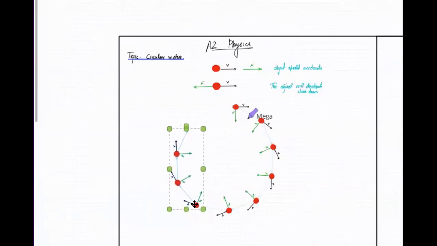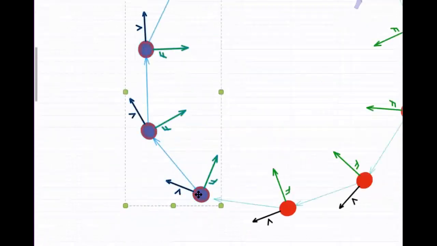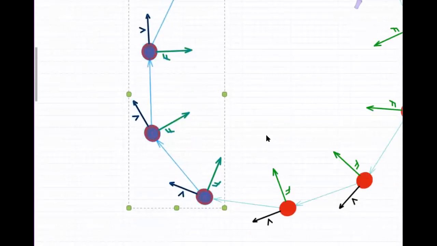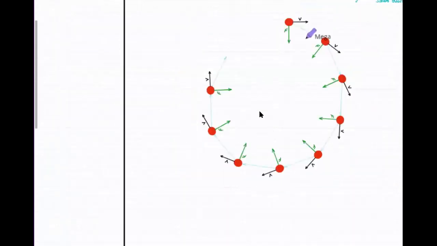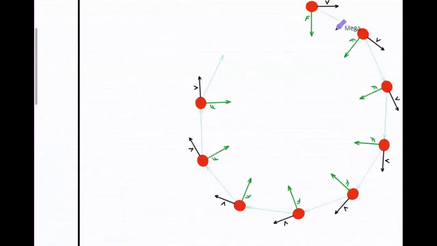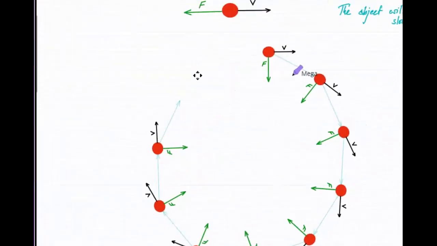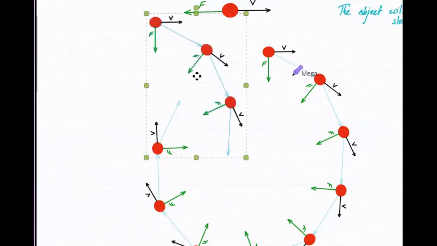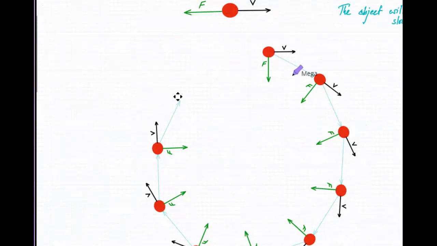It is just changing the direction of motion. And I am just completing the diagram. So if force keeps acting perpendicular to the direction of velocity, object turns in a circular path.